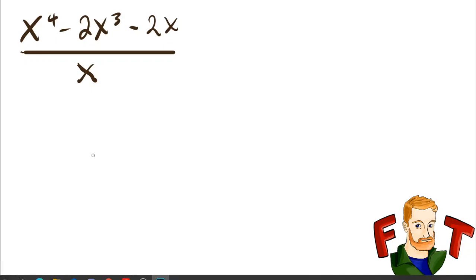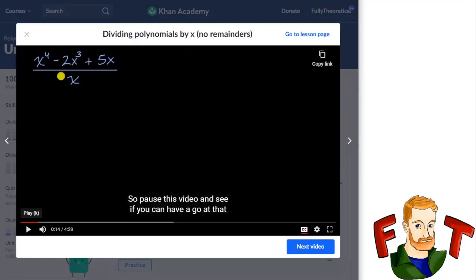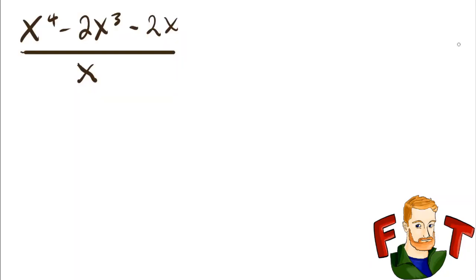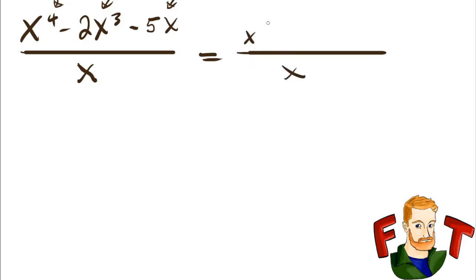Okay, let me just make sure that was exactly what he had there. So he had x to the fourth minus 2x to the third minus 5x. There we go. And obviously really, really easy because all of these terms have an x in them, so you can just keep this pretty simple.